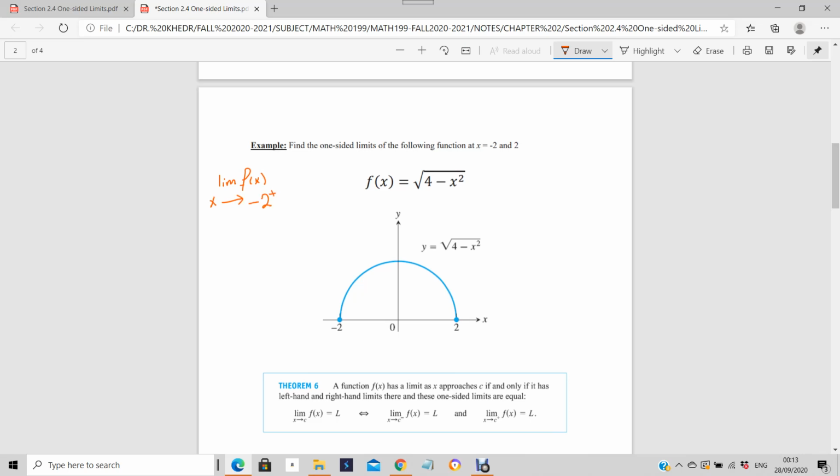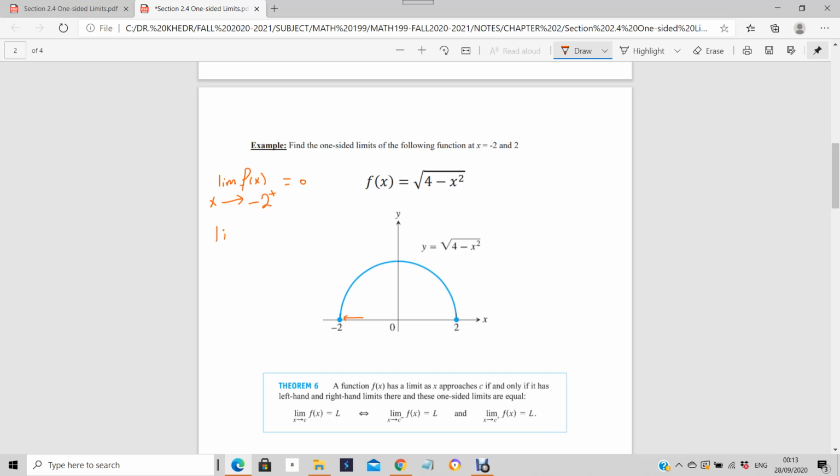The positive sign from the right side means x is going towards minus 2 from the right side. What will be the value of the function? What will be the value of y? As x is getting closer to minus 2, you will find that the limit of the function is 0. The value of y is going to 0.